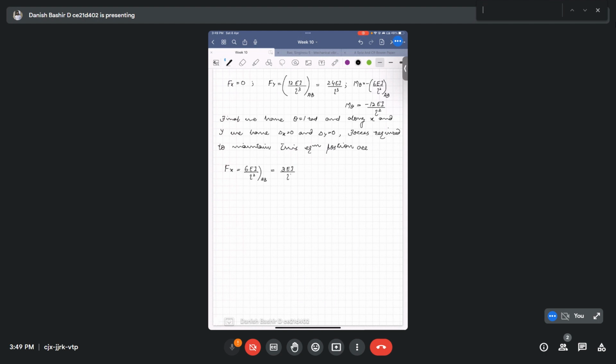And Fy will be equal to minus 6 EI by L square of BA, which will be equal to minus 12 EI by L cube. So these things.